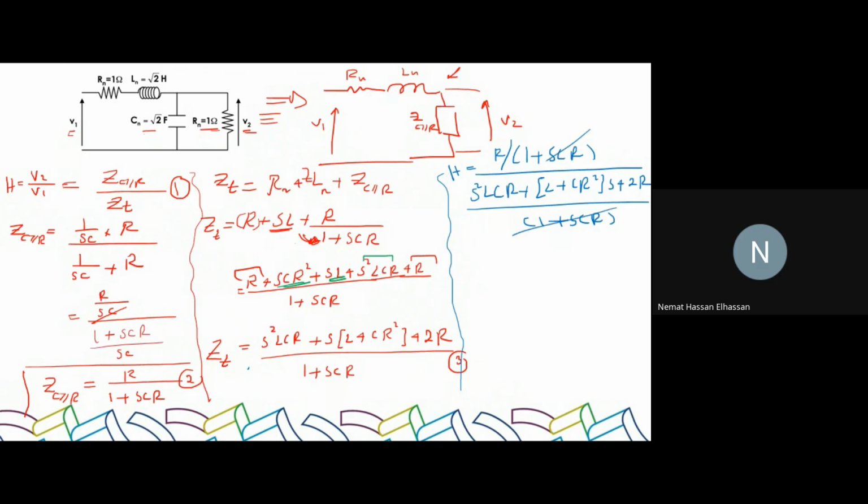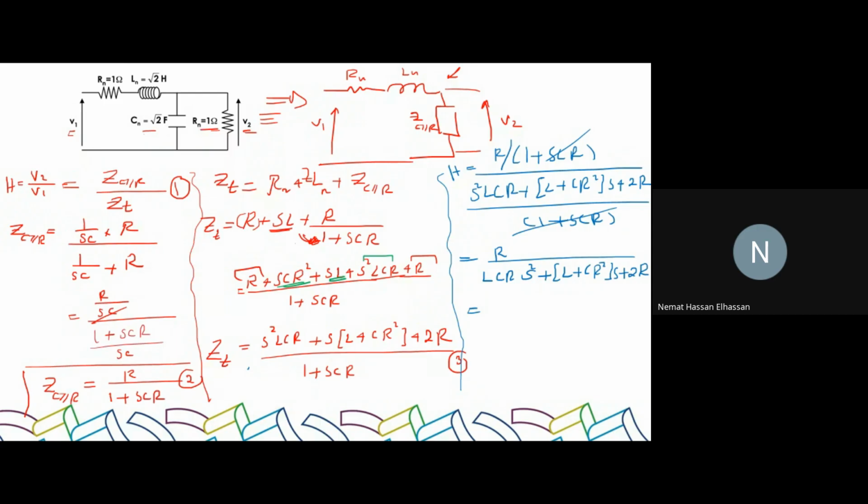These two cancel each other out, and what we have left is R divided by LCR times S squared plus L plus CR squared times S plus 2R.